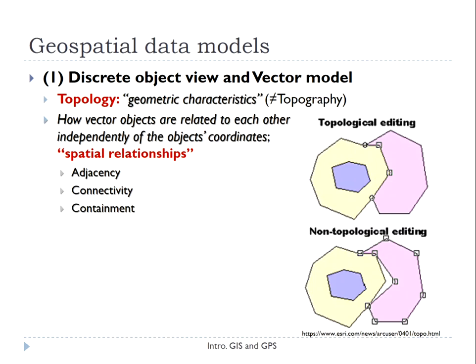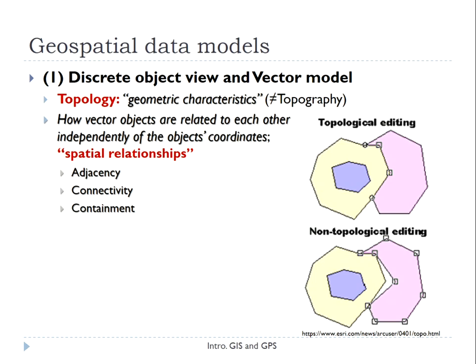One of the most important natures of the vector model is topology. Don't get confused with topography, which refers to terrain relief. Here, topology means geometric characteristics among vector objects. In other words, how they are related to each other, and this is not necessarily due to their XY coordinates. Topology, therefore, purely represents the spatial relationships among the vector objects.